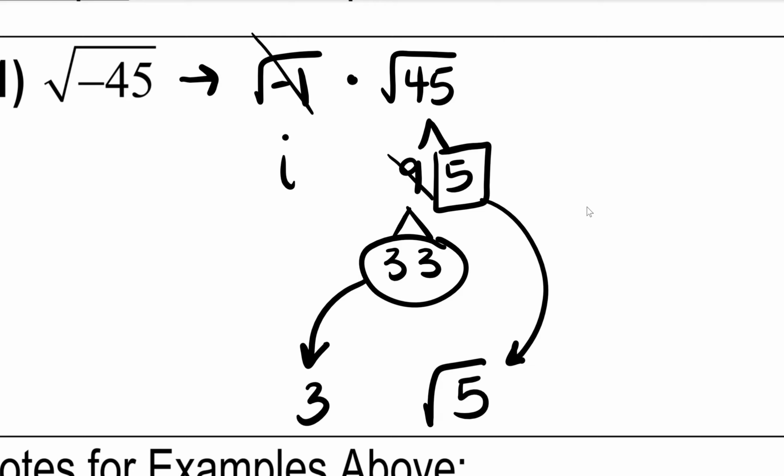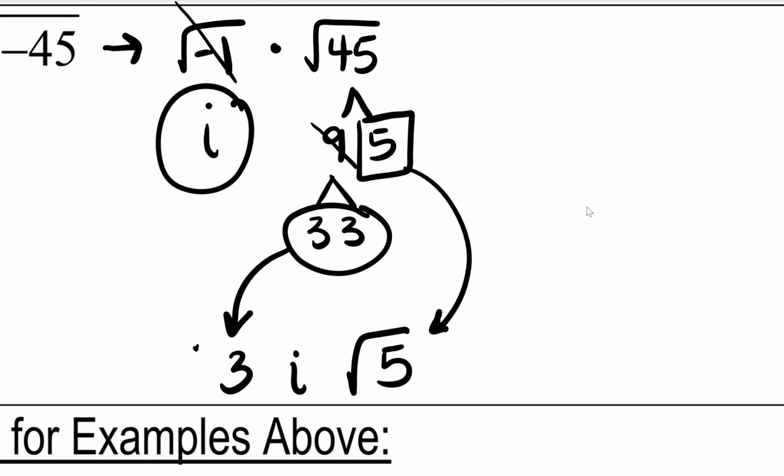Now the only extra step is I have this i. This i just goes in the front also. You can do i times 3 square root of 5, or most people just do 3i square root of 5. That would be your answer. And that's it.